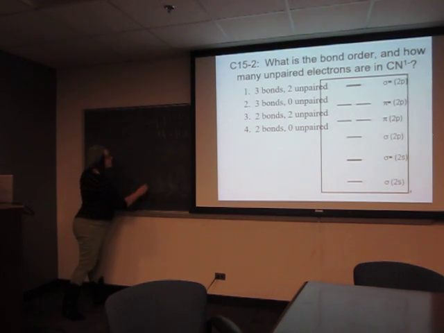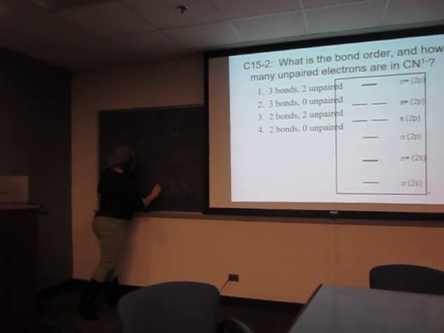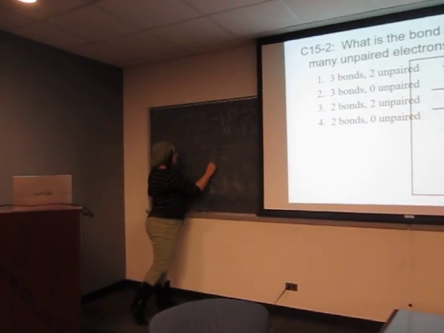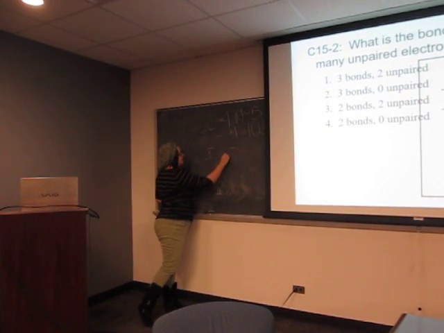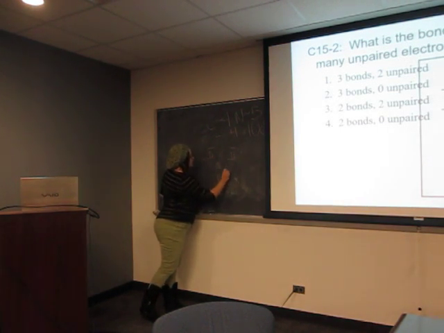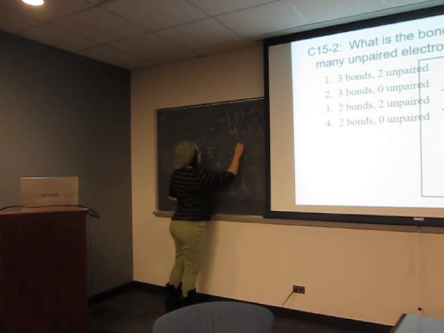So let's start at the bottom and fill up. So we've got 1, 2, 3, 4, 5, 6, 7, 8, 9, and 10. So sigma, sigma star, sigma, pi.